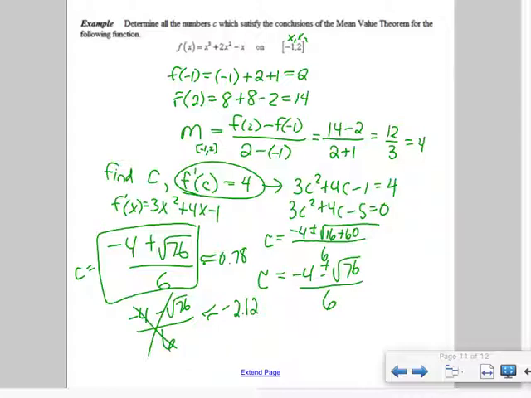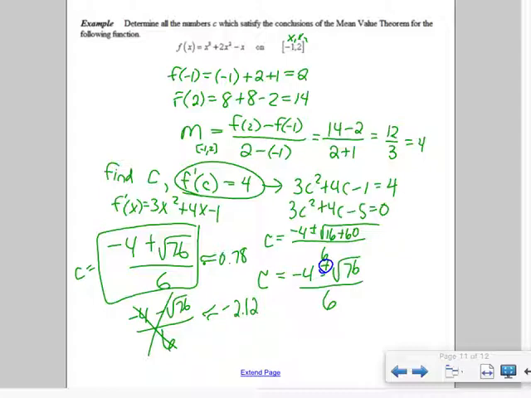So the only c that we want is the positive one. Remember, we're just guaranteed one that will work in the interval. Once you get the answers, you always have to check, are they within the x values that we're looking at? In this particular case, we need x values between negative 1 and positive 2. And so the only one that works is this one. You could reduce that square root a little bit because it is divisible by 4, but that's good the way it is.